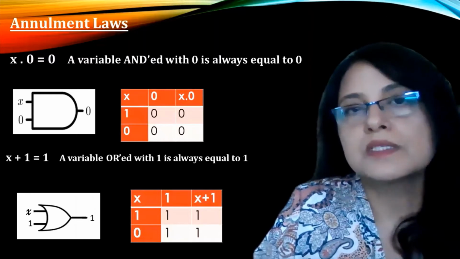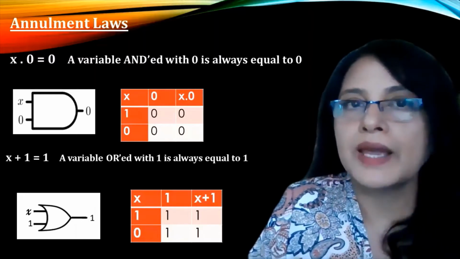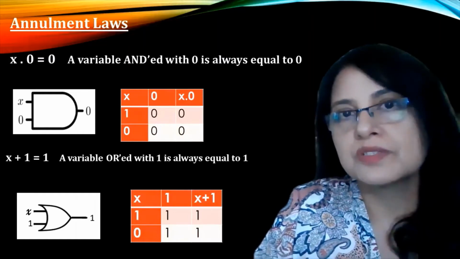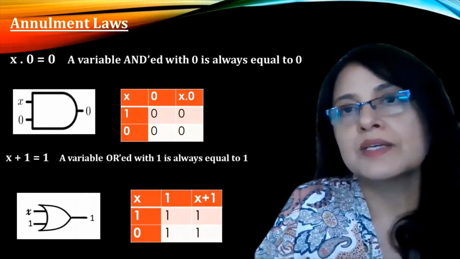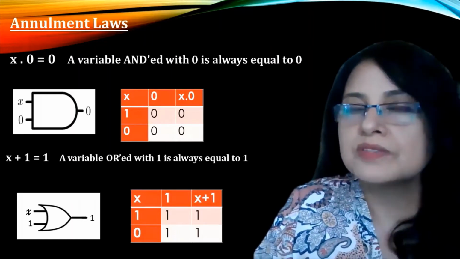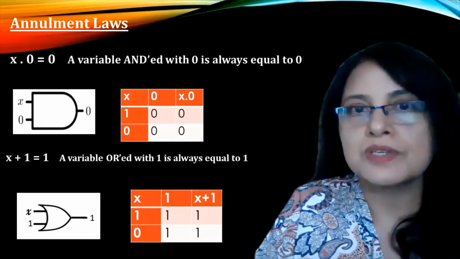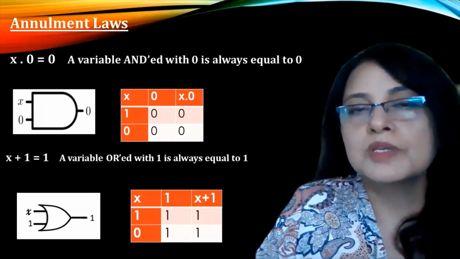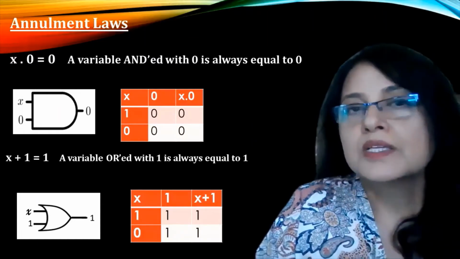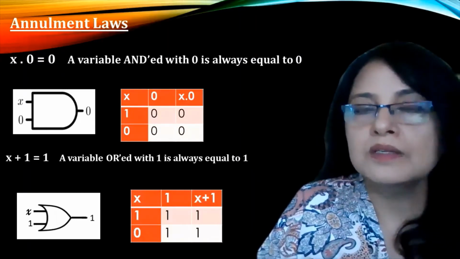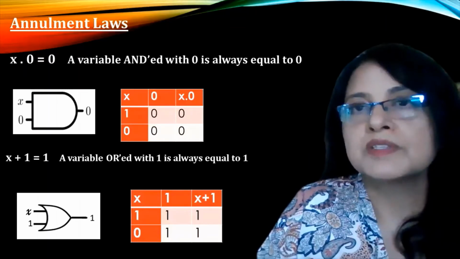So if you look at the circuit here, it has X and then 0 as input, and the output is always 0. And we can see this in a truth table. The AND operator with 0 is always going to give you a 0. The OR operator with 1 is always going to give you 1. So if we have the OR operator with X and 1, the output will always be 1.